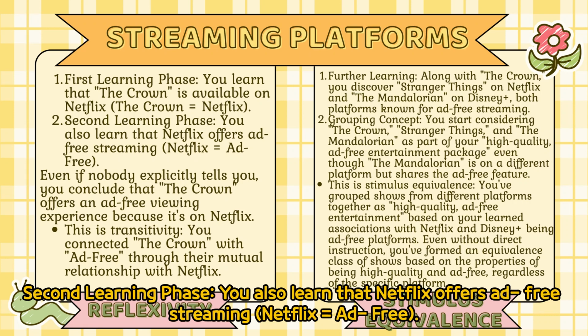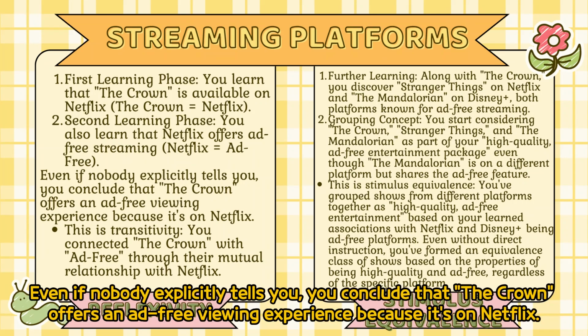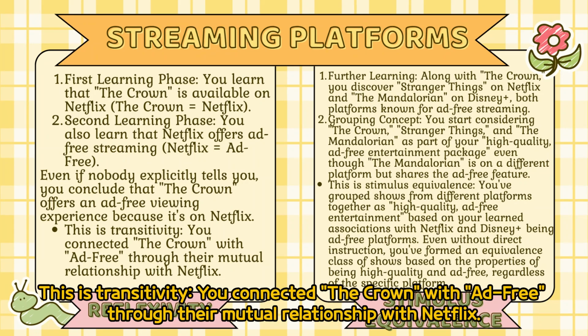Netflix equals ad-free. Even if nobody explicitly tells you, you conclude that The Crown offers an ad-free viewing experience because it's on Netflix. This is transitivity. You connected The Crown with ad-free through their mutual relationship with Netflix.